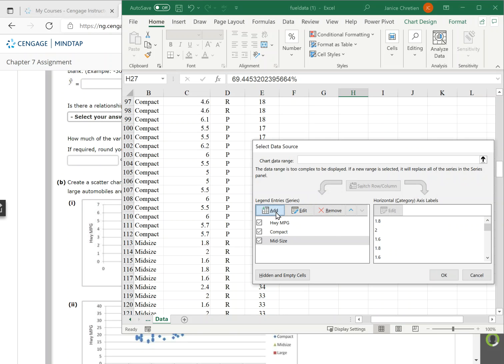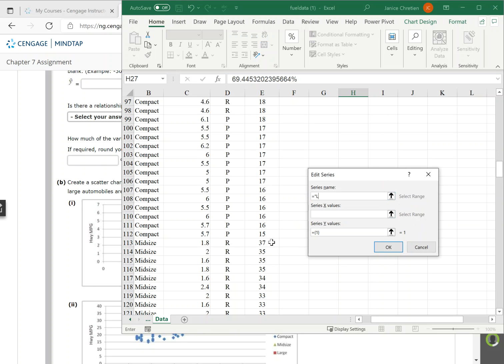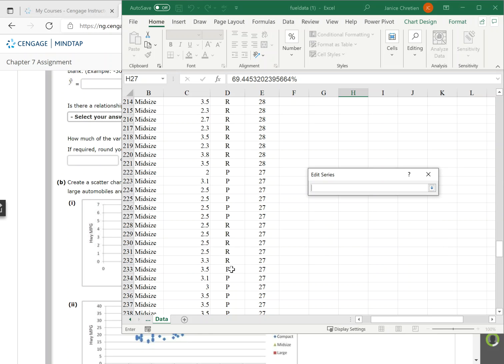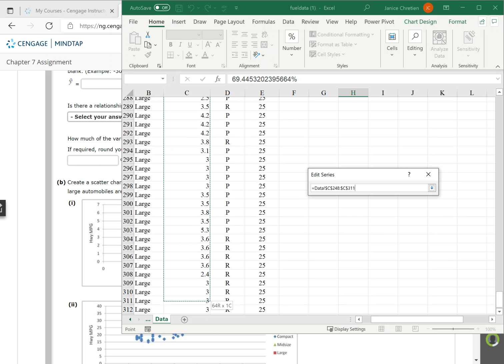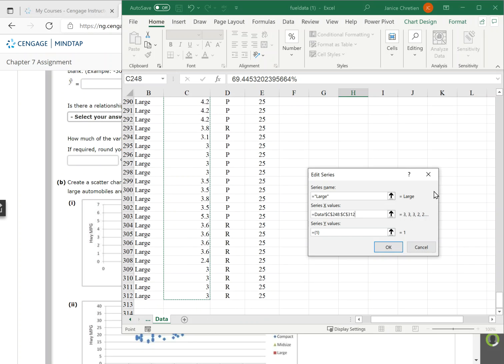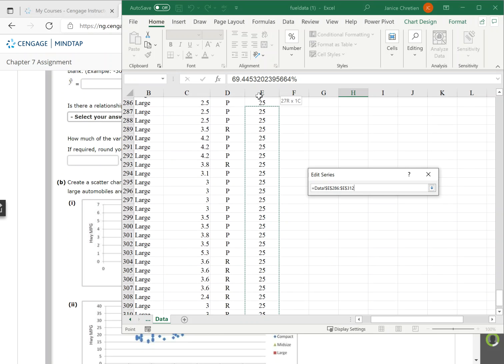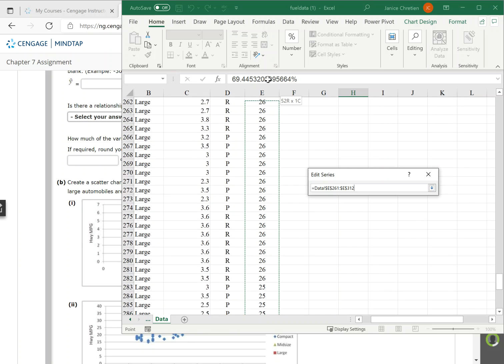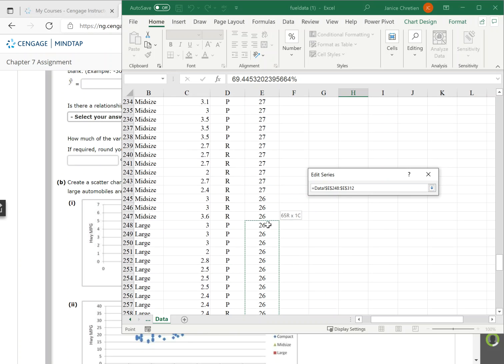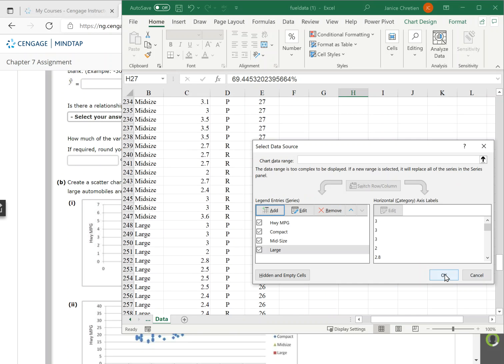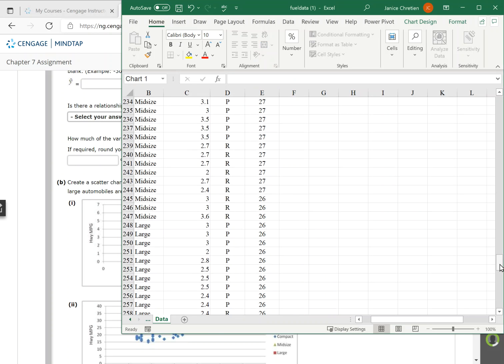Okay, and then last I'll do my large. Then I'll tell it okay down here.